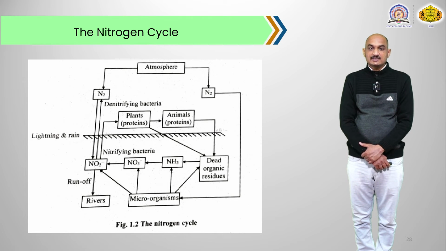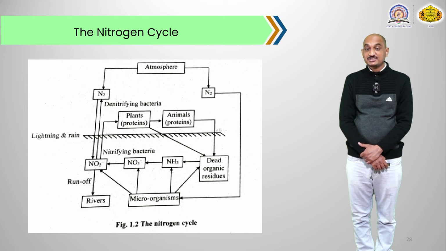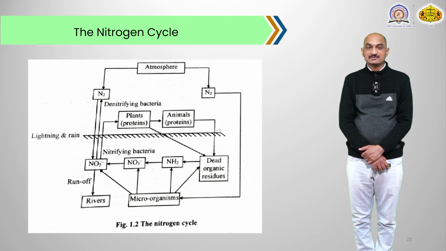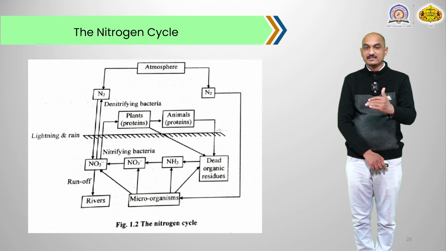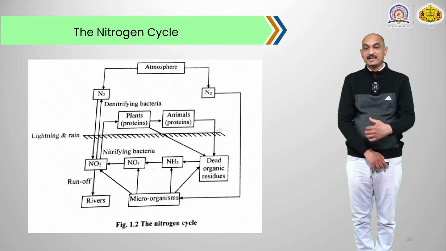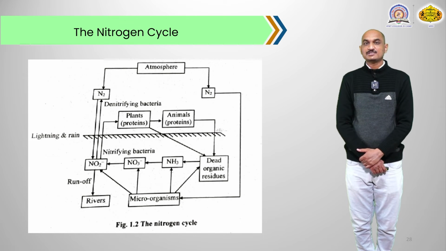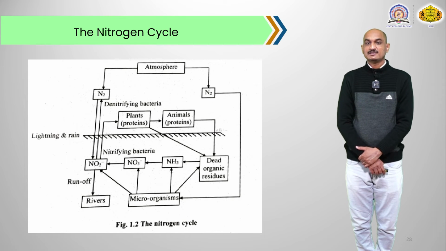In that, the atmospheric nitrogen is converted into the organic nitrogen NH3, okay, and then it is converted into NO3 minus ion and then into NO2 minus ion, and those NO2 minus ions are taken up by the plant for making the proteins, and then from plants to animals, and from animals again to plant and animal dead material, that is dead organic residue in the soil, and from the soil once again this conversion continuously forms in the cyclic form. This is a nitrogen cycle.